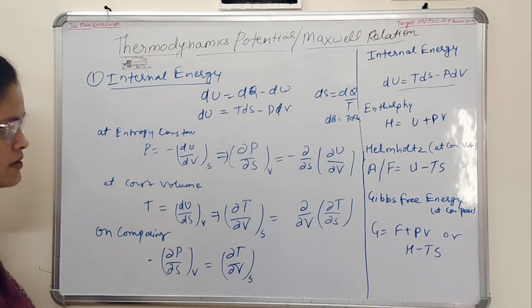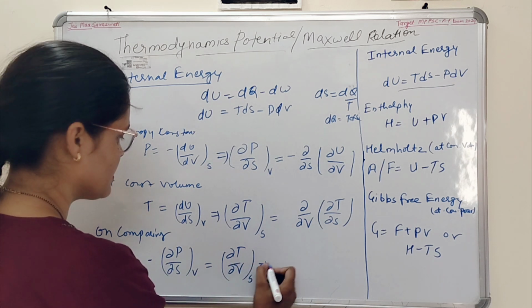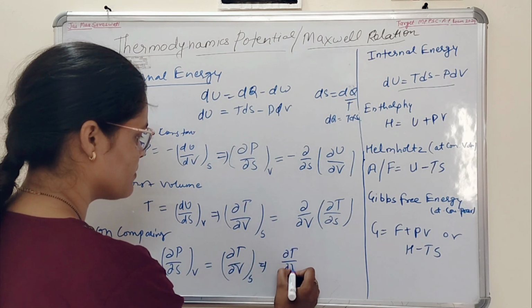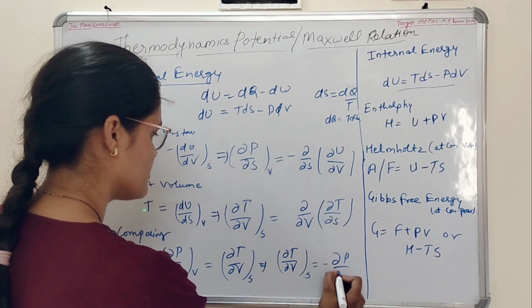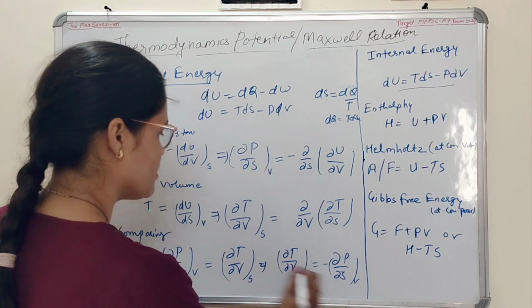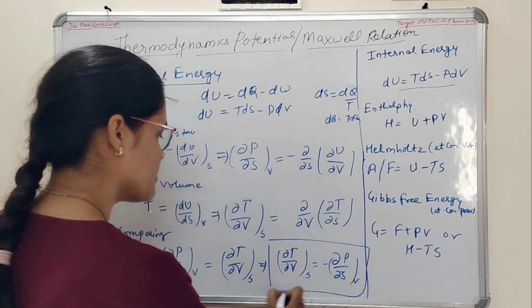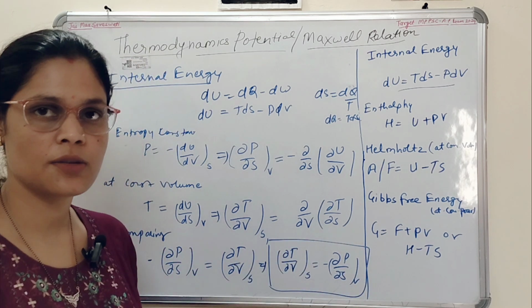Or we can write delta T by delta V at constant entropy equals negative of delta P by delta S at constant volume. So this is the first Maxwell relation.